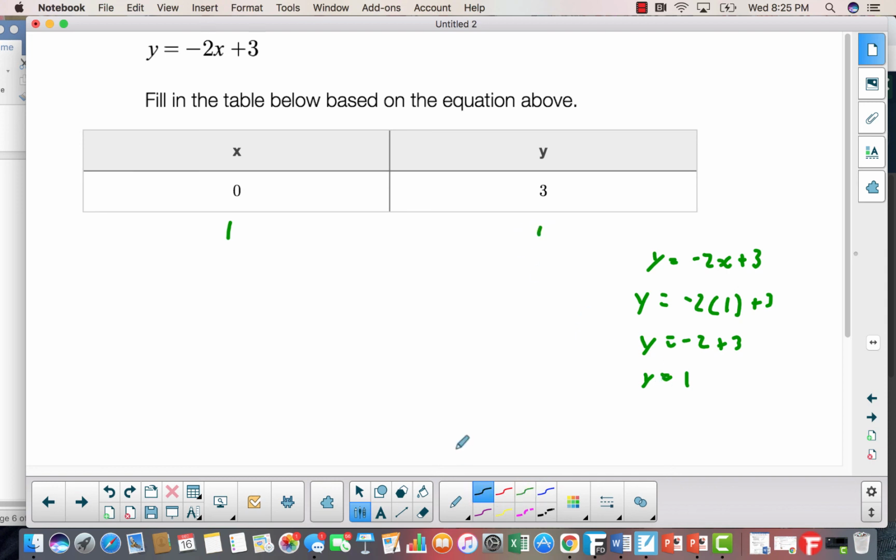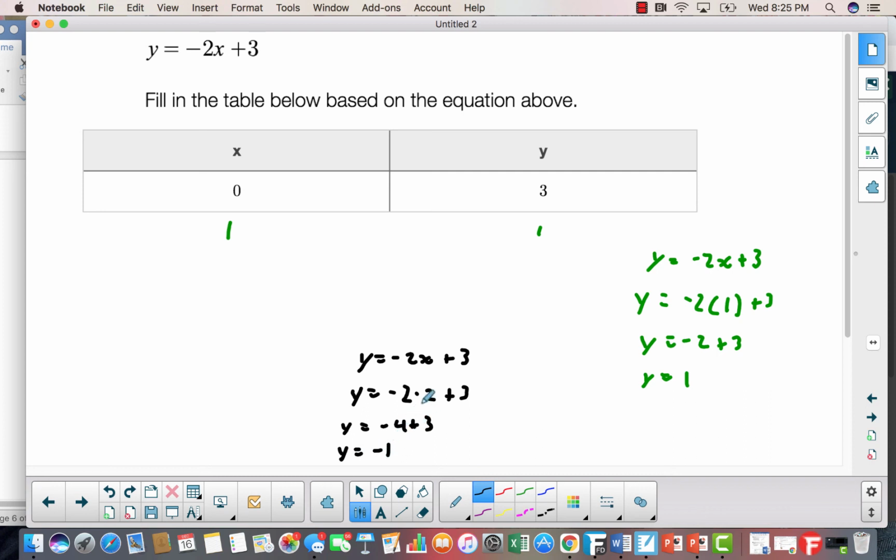Let's try one more. If I've got y equals negative 2x plus 3, I could plug in 2 for x this time. Negative 2 times 2 plus 3. So negative 2 times 2 is negative 4. Negative times a positive is a negative. And then if we're adding these, I have more negatives than positives, so it's going to equal a negative, and there's one more negative than there is positive.